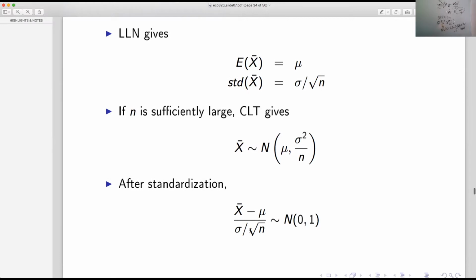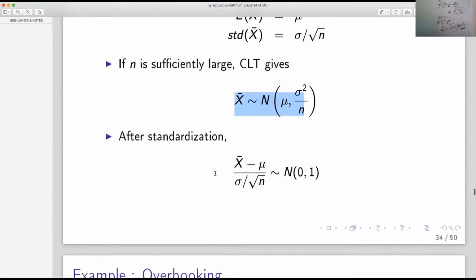So the important distinction is that previously it was X minus mu over sigma, but now it's X bar minus mu over sigma over square root of n. This is an important distinction because of this property, the things we learned from the law of large numbers. Another property is that if we have enough sample size n, then the central limit theorem gives this property.